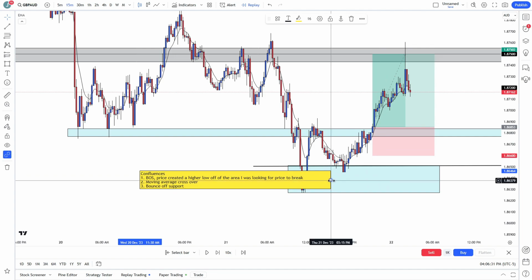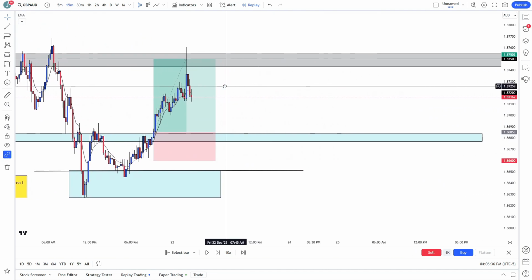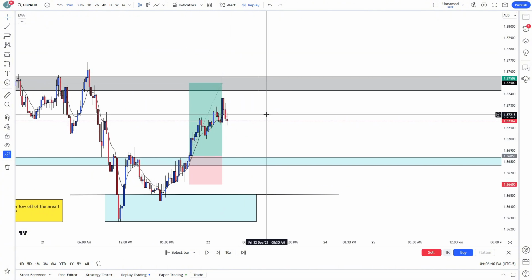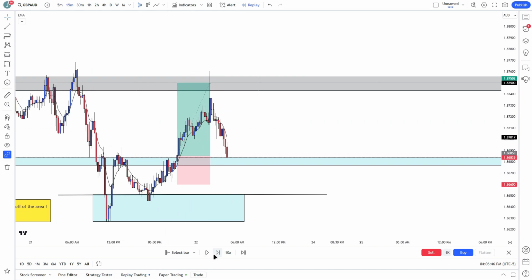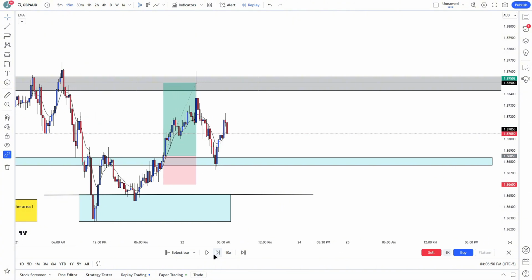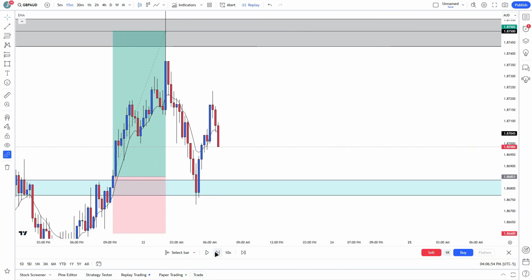Bounce off the support area. But really these two are the main confluences. So now that price is here, I do want to see another lower high before entering. Price's come down. So I want to see a break below the moving average right here to enter.